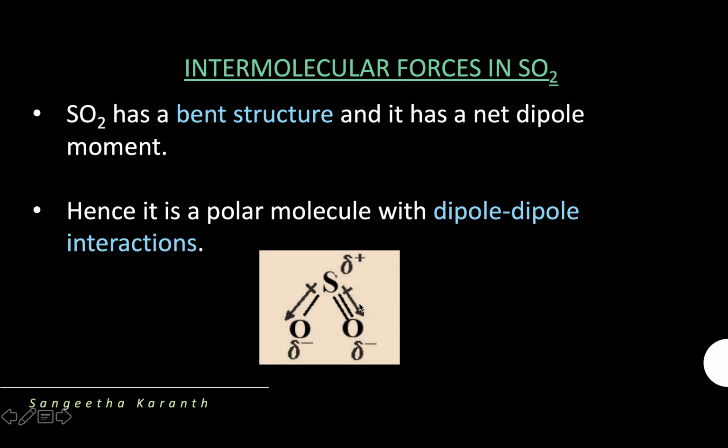Since it has a net dipole moment, each molecule can be called a dipole because there is charge separation. So the interaction between the different molecules will be called dipole-dipole interactions in this case.